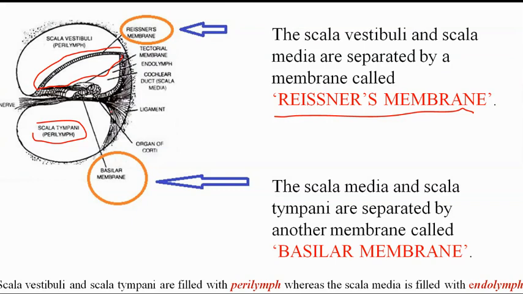Basilar membrane. Here the upper and the lower tubes are filled with perilymph, and the middle one is filled with endolymph.